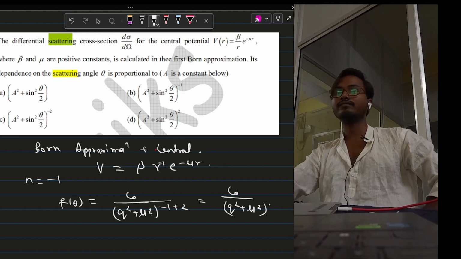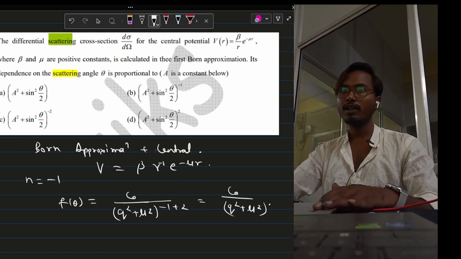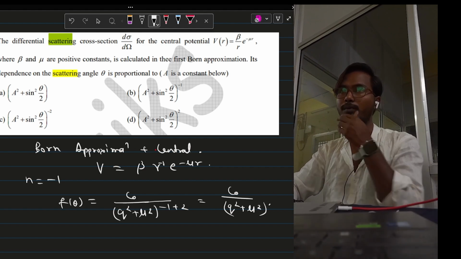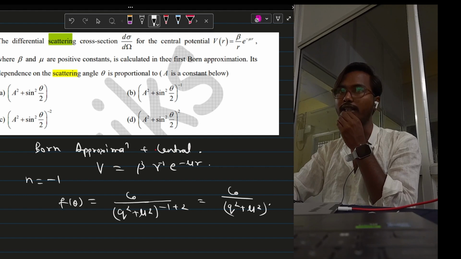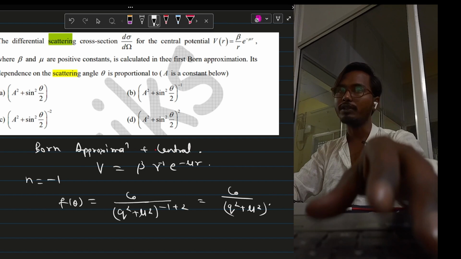That's it. But this doesn't say. We have to find the proportionality between dependence on scattering angle. Differential scattering cross section is given. This is calculated for first Born approximation, and then we have to find the scattering amplitude.